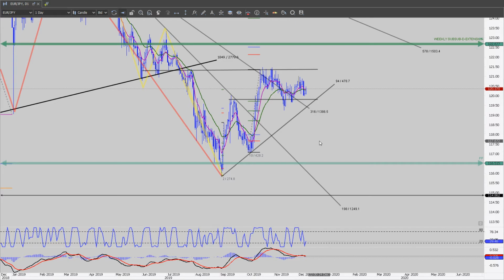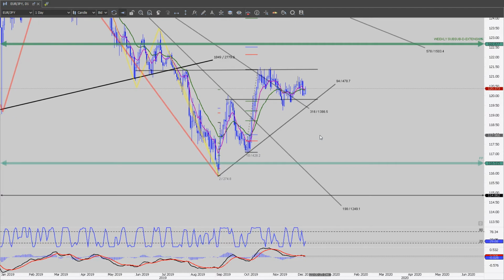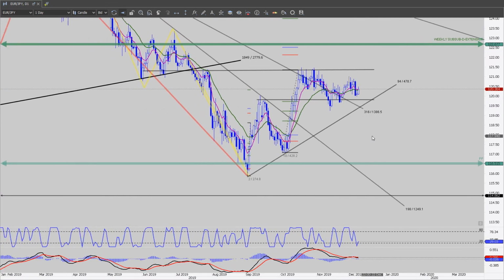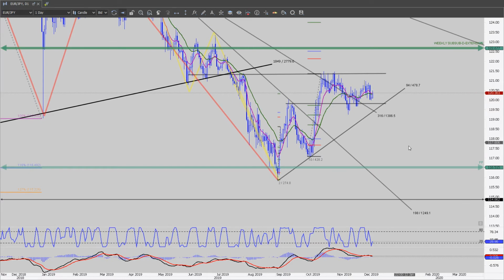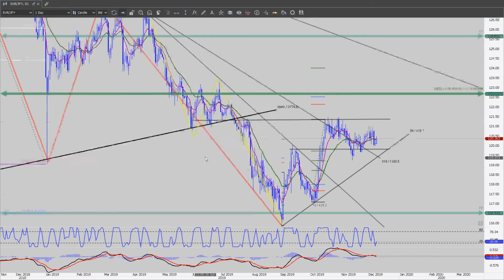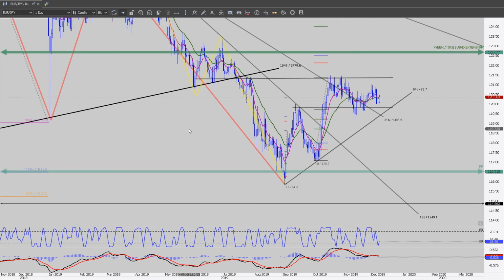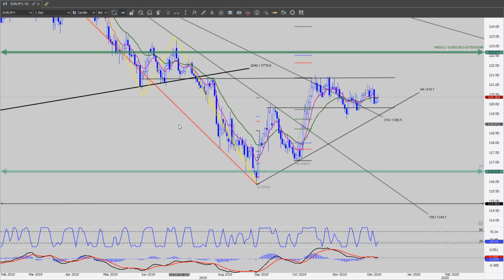Right? Now again, this is the Euro JPY daily chart. Crown. Do we have a crown? This is the smaller structure. So do we have a crown, right?